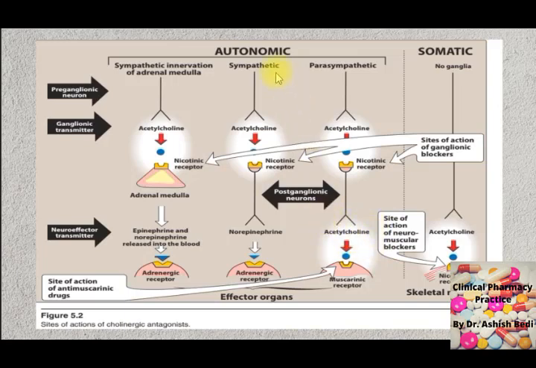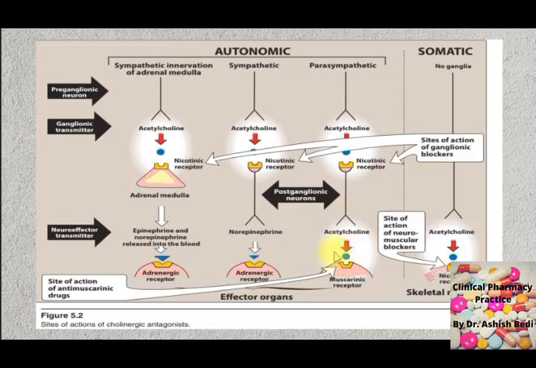The major neurotransmitter working for that system is determined by the last neurotransmission, that is, the post-ganglionic transmission. Like this is the ganglion, before that is the preganglionic neuron, and after the ganglion it's post. So this one will be the post-ganglionic neurotransmitter.